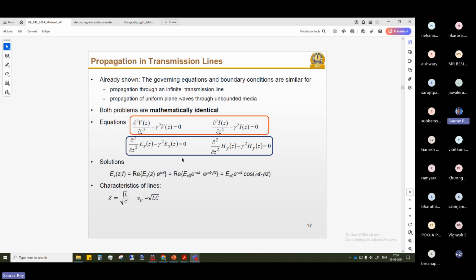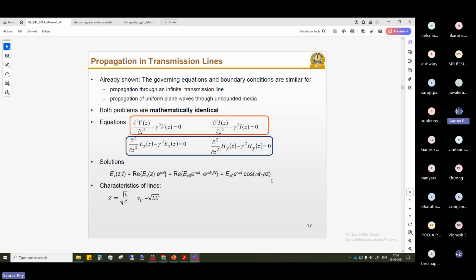The second equations are called the Helmholtz equation in electromagnetic waves, right? If you solve this, we know this is the very popular plane wave equation. The solution is in terms of e to the power minus gamma z, where alpha and beta come in.